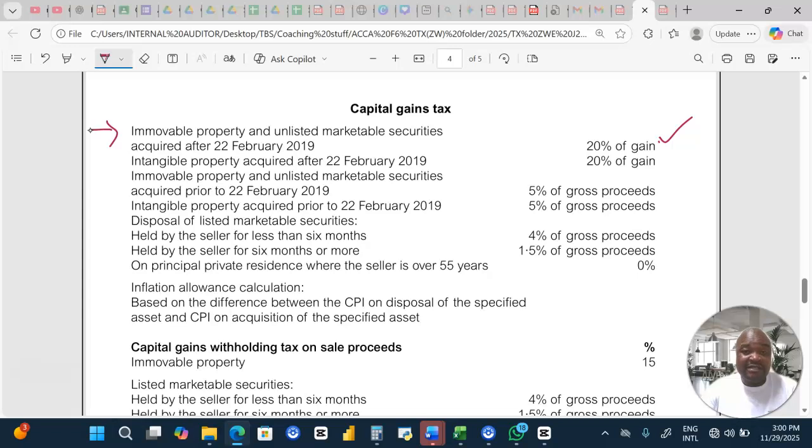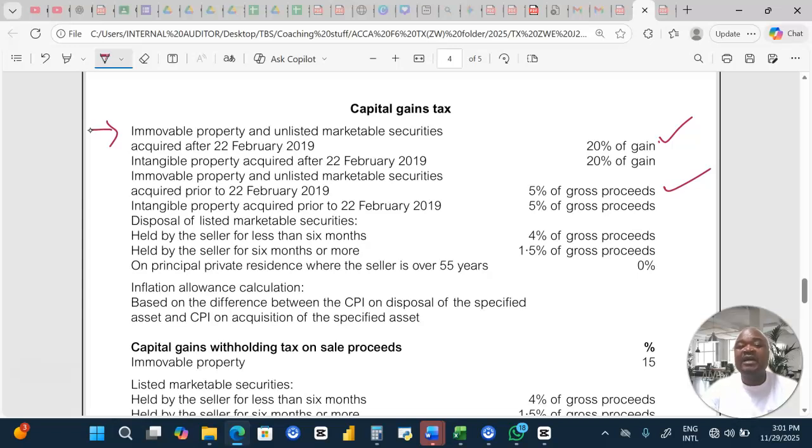Are we together, guys? Good. If these items were acquired before 2019, we would only apply 5% on the gross amount of the proceeds. In that case, you won't worry about the CPI computations, inflation allowance, or whatever. You won't be allowed to do those things. So in this particular case, the shares were acquired after 2019 and the applicable tax rate is 20%.